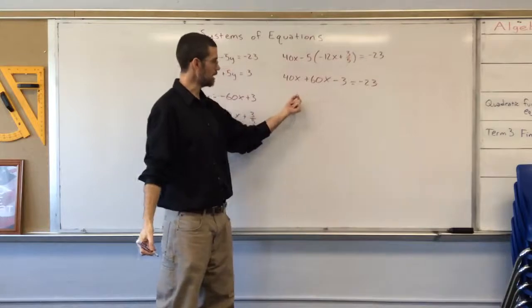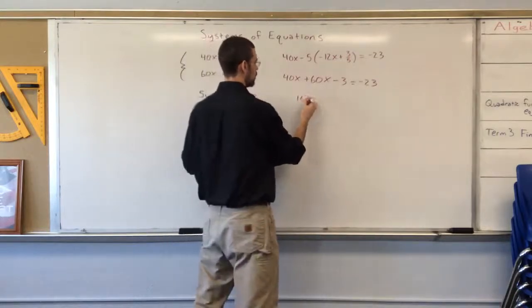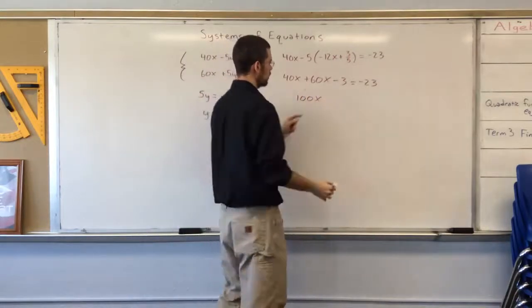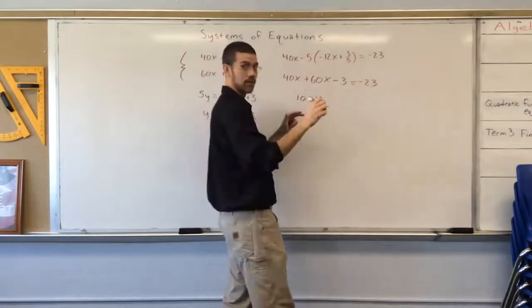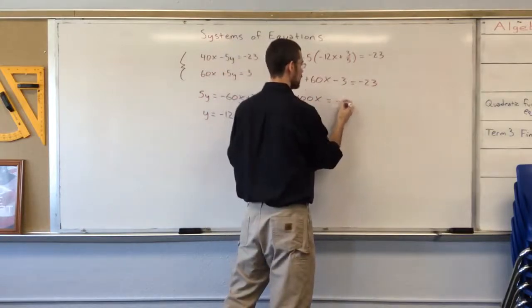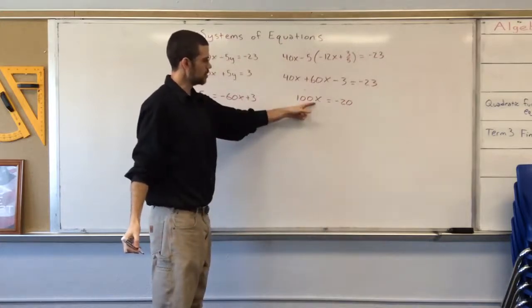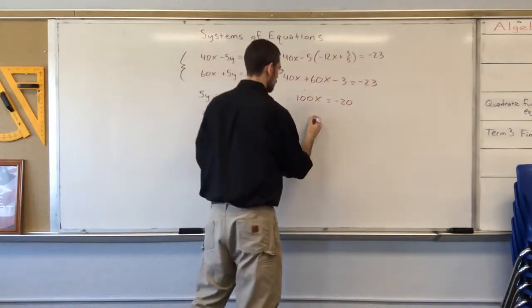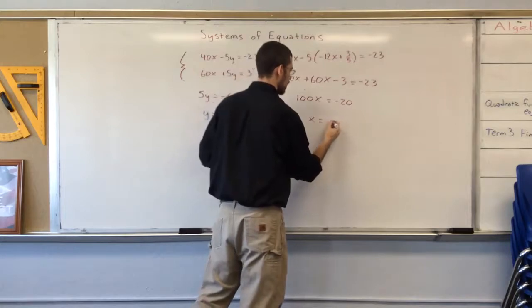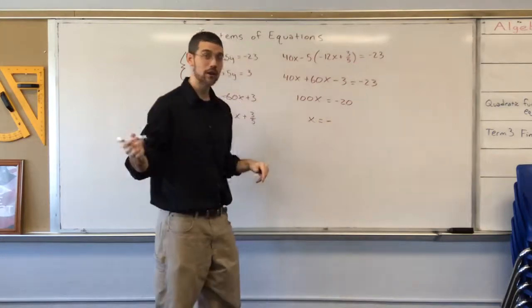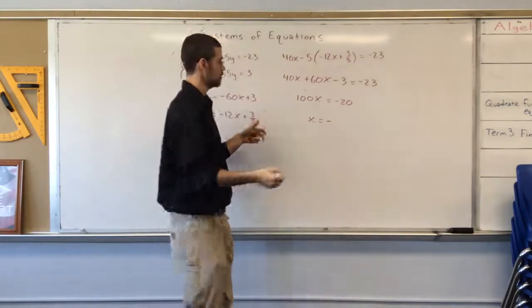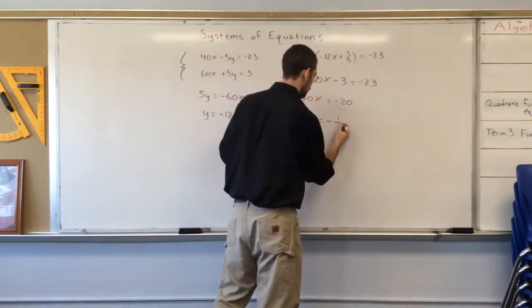We can combine our x's. There are 100 of them. We can move the 3 to the other side, add 3 to both sides, and we get negative 20. And to get x alone, we'll divide by 100. And that will be negative 20 divided by 100 reduces to negative 1/5.